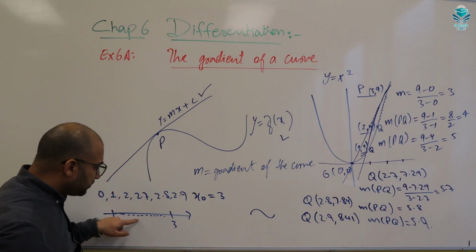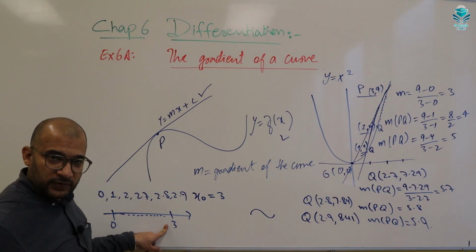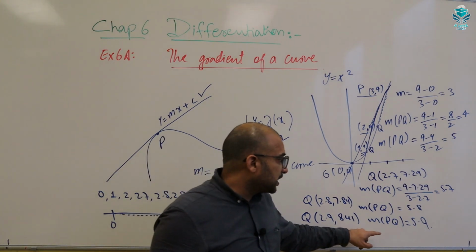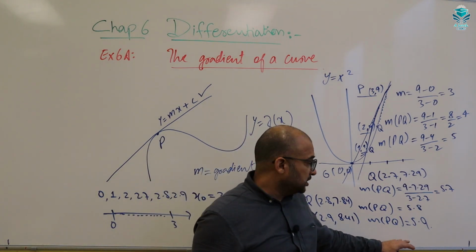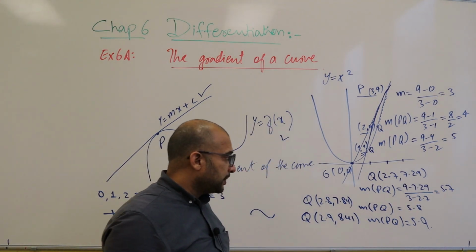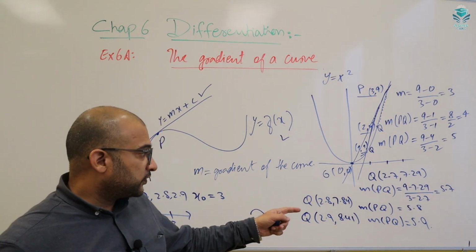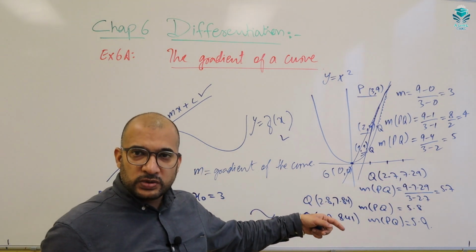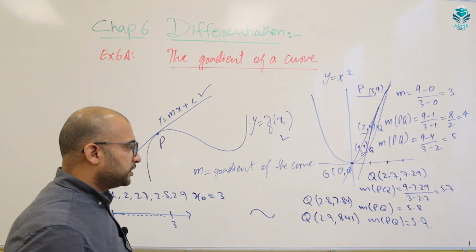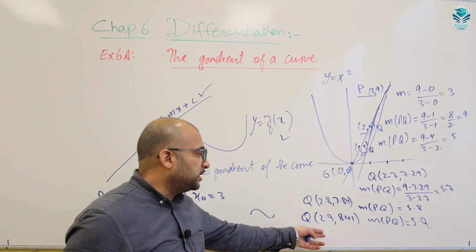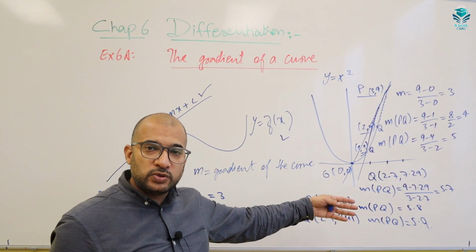As my x approaches 3, the value of the gradient also increases. So I can observe that the gradient approaches 6. When you take a nearer value, let's say 2.99, you have a gradient near 6.